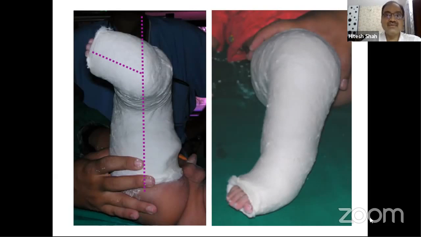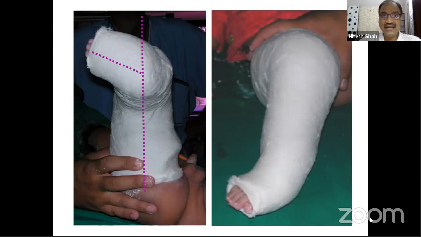The important aspect of this manipulation is that you should never ever pronate the foot. The most senior person does the manipulation for 30 to 40 seconds. Following that, they can apply the soft roll and plaster.